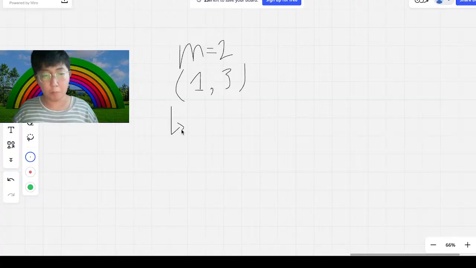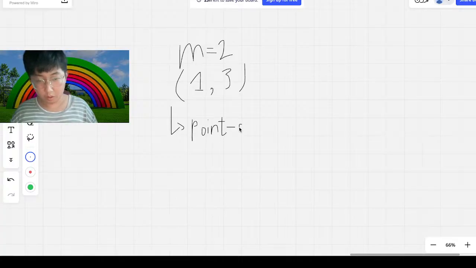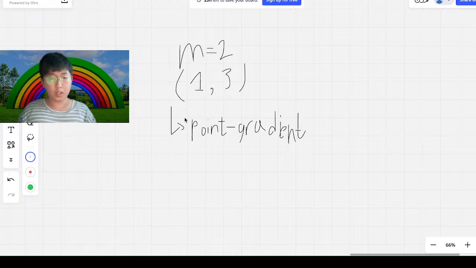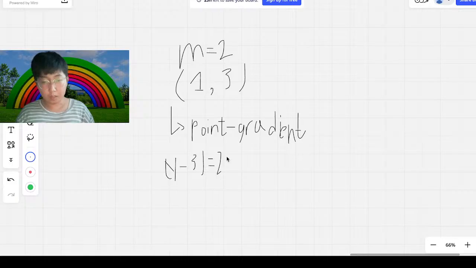Write it in point gradient form. Well, we just use the formula: y minus y1, which is 3, equals the gradient, which is 2, times x minus x1. That's the equation in point gradient form.